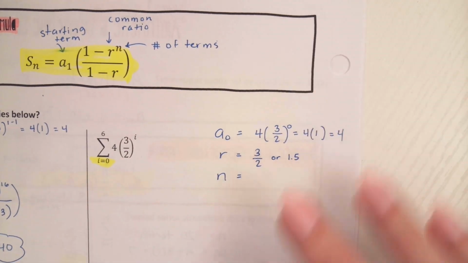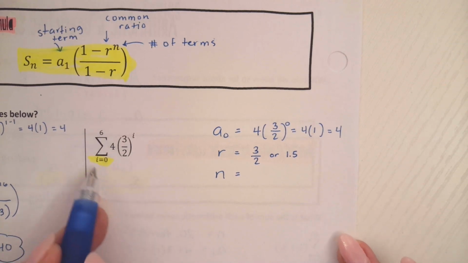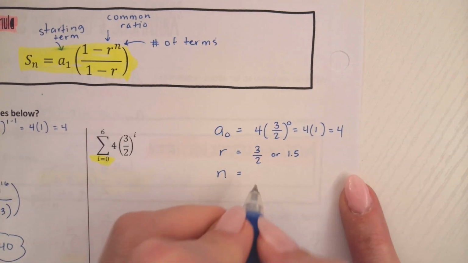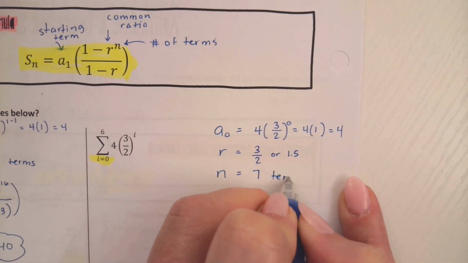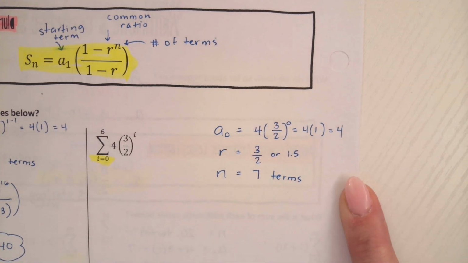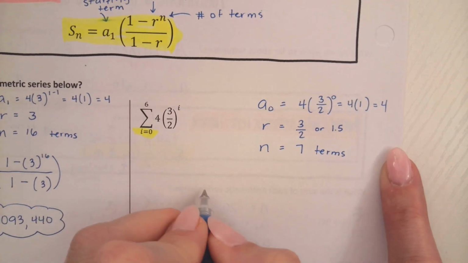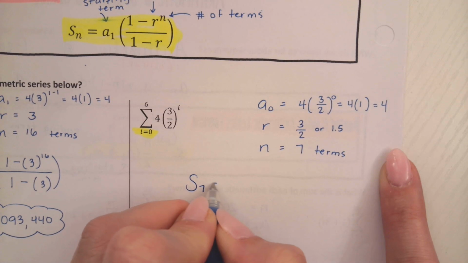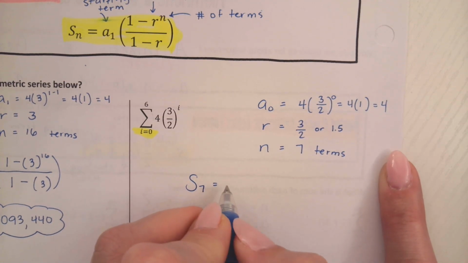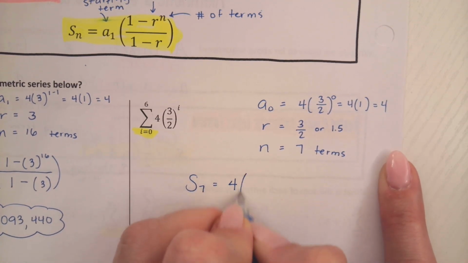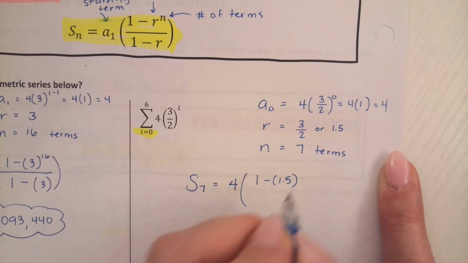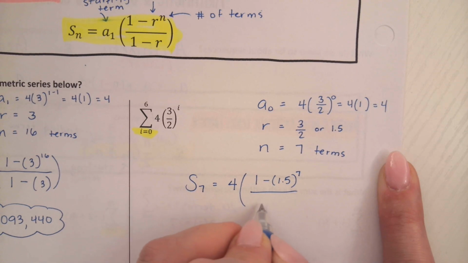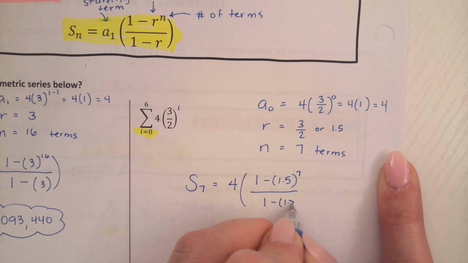And the number of terms, we're starting with 0 and going to 6. That number of terms would be 7 terms, right? Okay, let's see. Sum of 7 terms will be 4, that's my starting term, times 1 minus my common ratio to the power of 7 over 1 minus the common ratio.